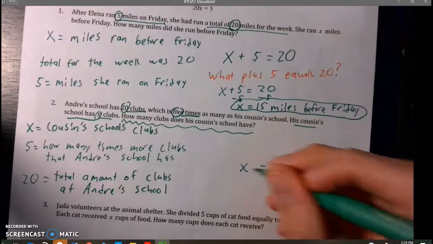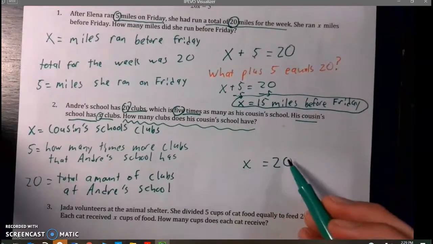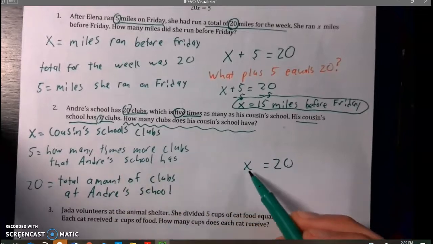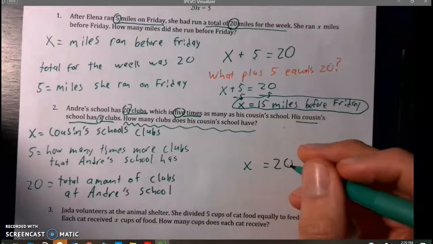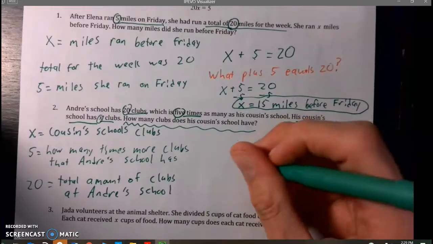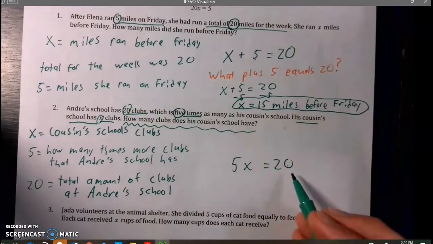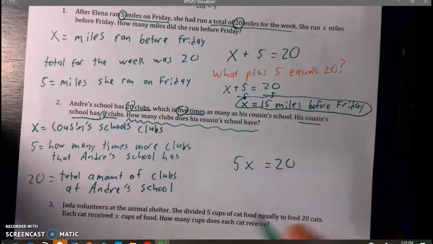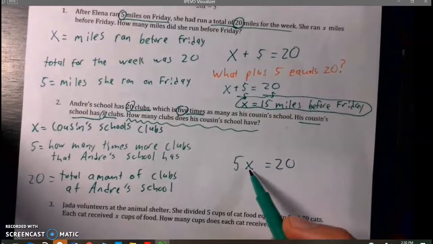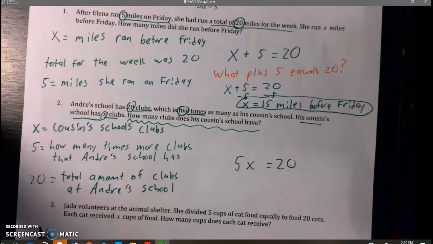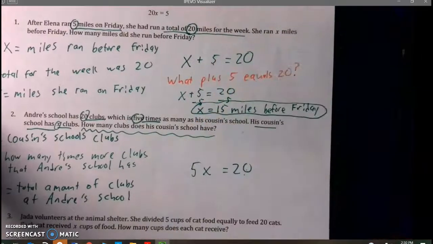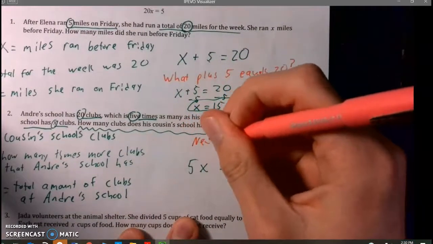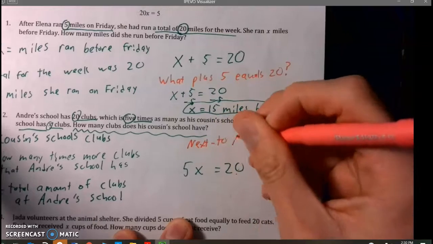And so Andre's school equals 20, X is his cousin's school's clubs, and we need to take the amount of clubs at his cousin's school and multiply them by 5 to get the amount of clubs at Andre's school. So 5 times the amount of clubs at his cousin's school is the 20 clubs Andre's school has. And so, once again, to refresh, this is an example of next to notation.